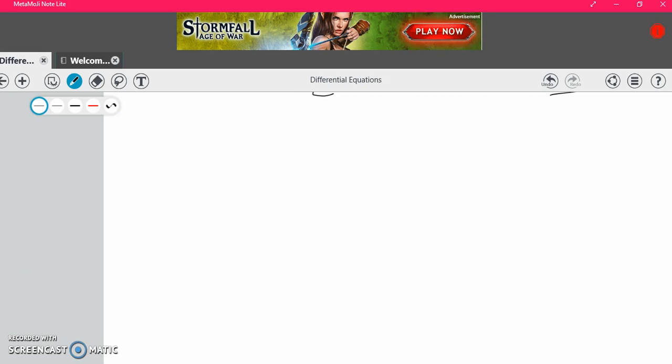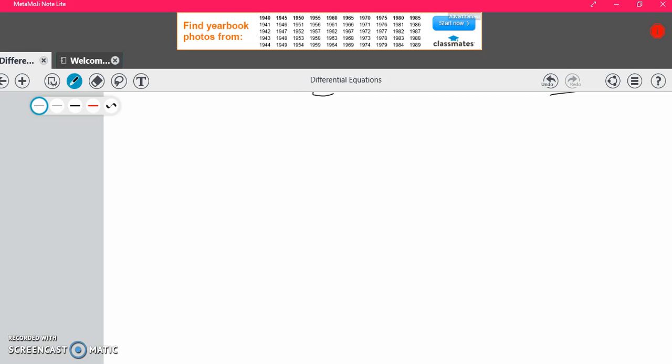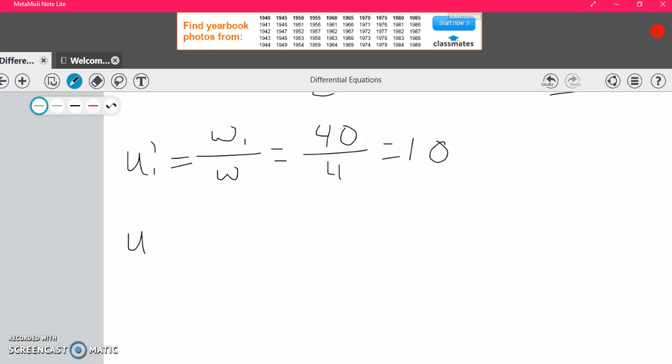Okay, now they want you to find u1 prime. And that is equal to w1 over w, which is equal to 40 over 4, which is equal to 10. Gotta do the same thing with u2 prime, only it's w2 over w, and you get, oh, I did that wrong.